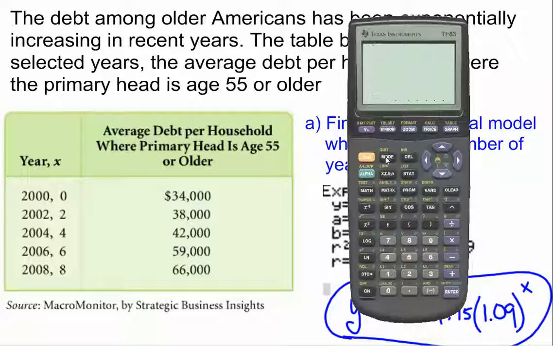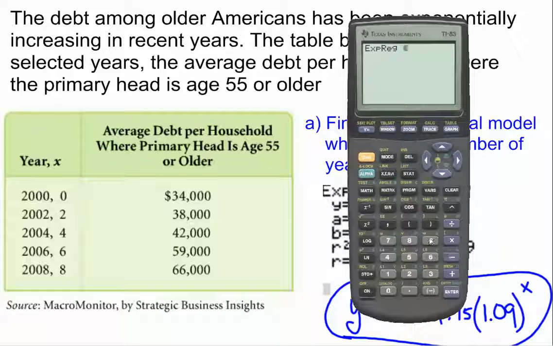Well, we quit this and go back to that Stat button, go over to Calc, and I want not linear regression or quadratic or any of these. I scroll down till I get to 0, which says ExpReg, exponential regression, and I hit enter.